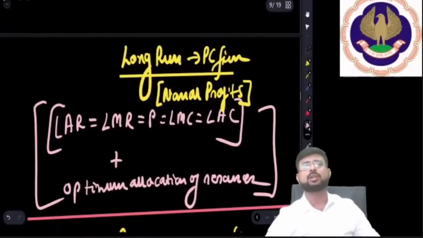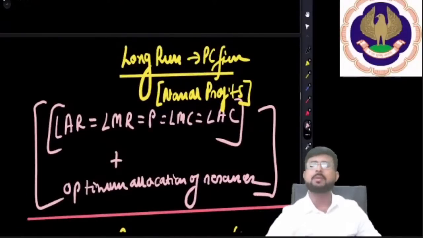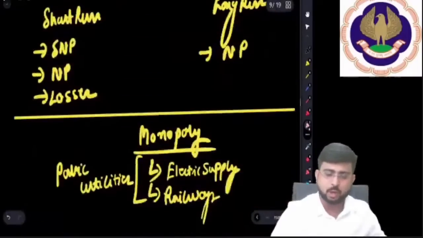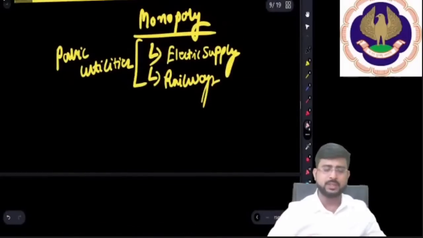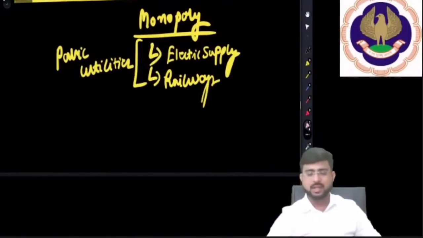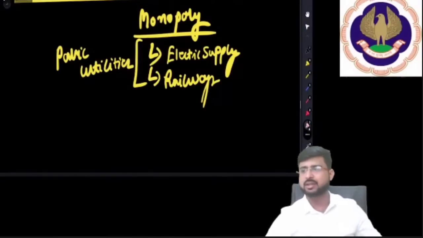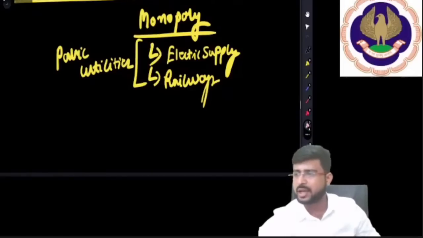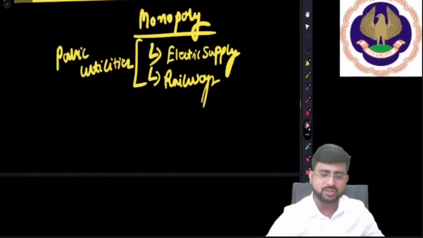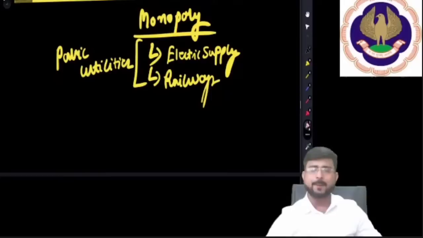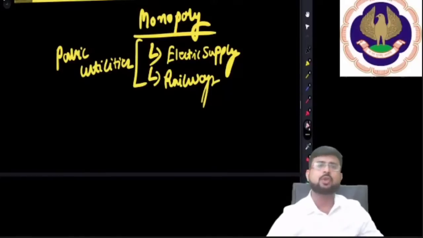You need to remember this only. Now pay attention. Monopoly: electric supply and railways. These are public utilities. Having said this, let's talk about this further.